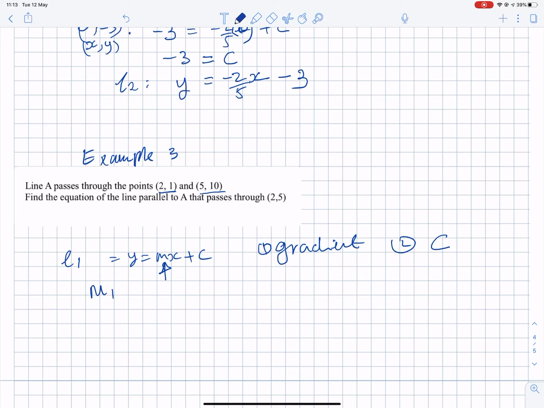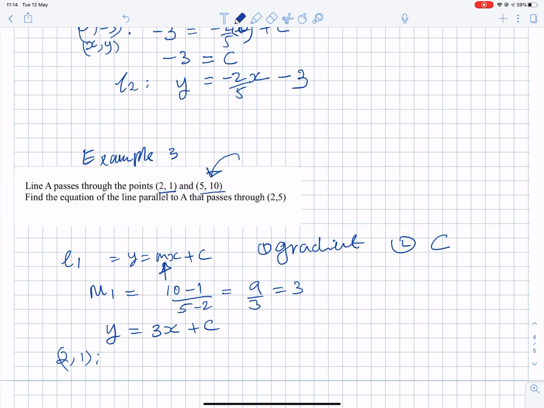So m1 equals the difference in y divided by the difference in x. So 10 take away 1 divided by 5 take away 2. This will give me 9 over 3, which is 3. So I can write the equation of the line as y equals 3x plus c. Now I can use one of the coordinates from the first line A, which I called line 1. I can use (2, 1). You can use the other one if you like.